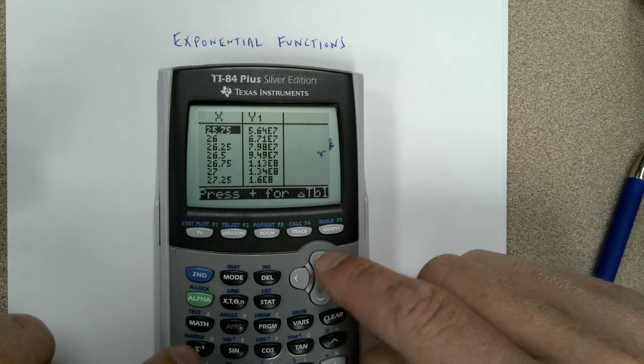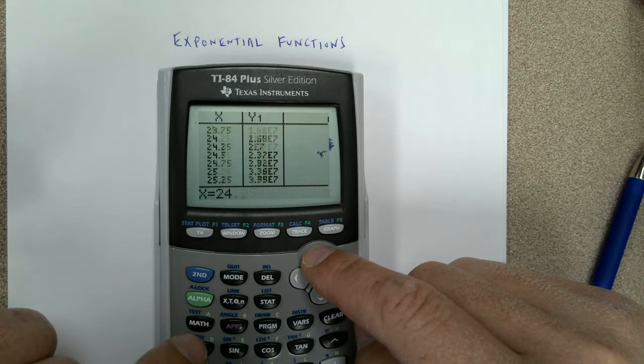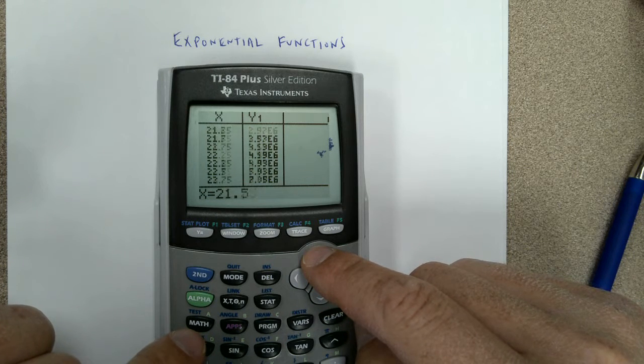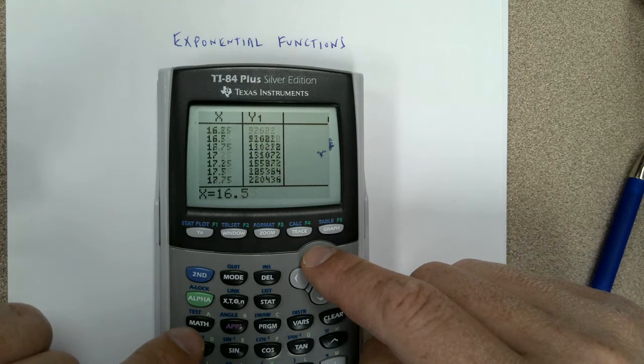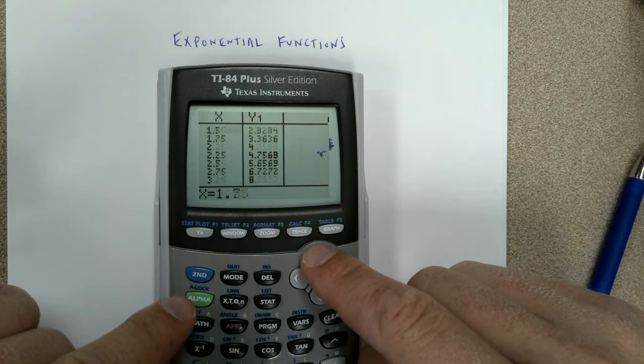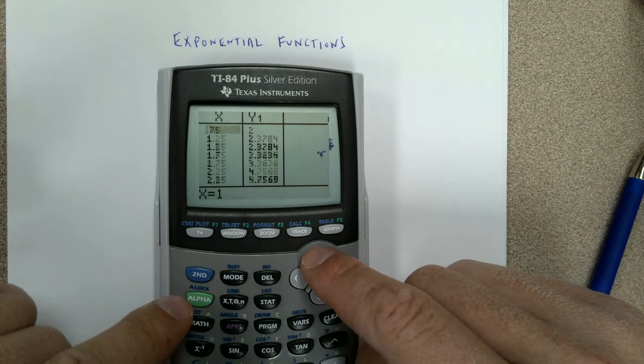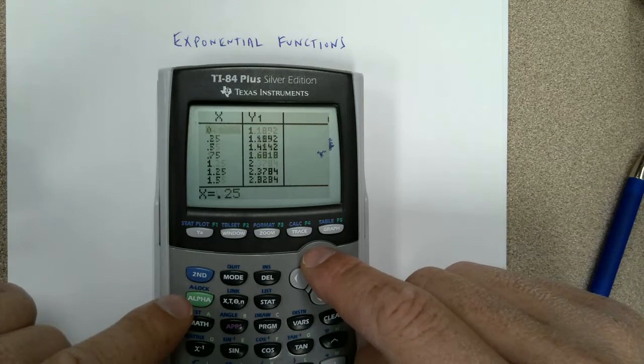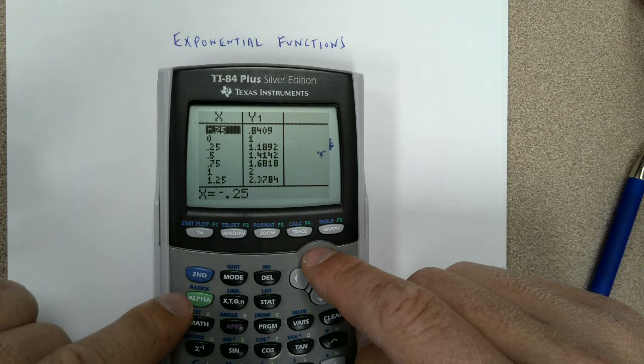You can see here, let me go ahead and adjust the x value here. Okay, so you can see on this particular one that the y-intercept is 0, 1.